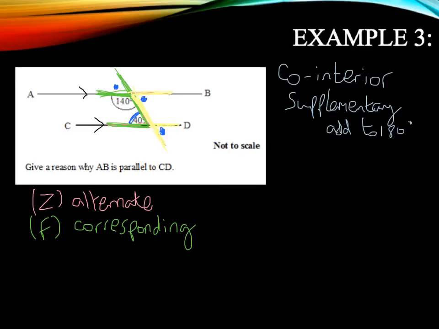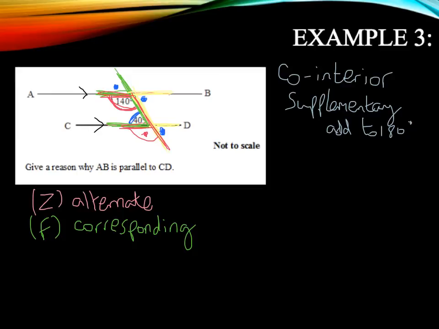You'll notice that the 140-degree angle also has these things as well. So if the 140-degree angle was red, notice down here is also 140. The reason being, again, I've got this F shape. It's corresponding.